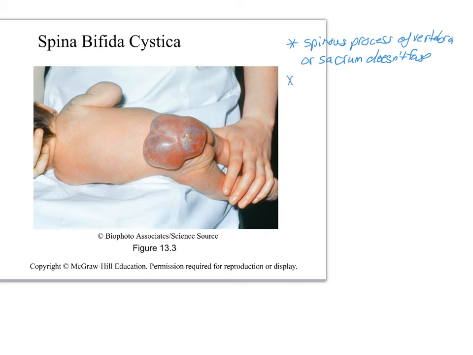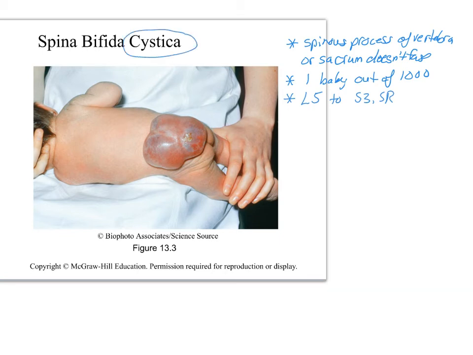It is actually pretty common, and again, to various degrees of severity. One baby out of every 1,000 or so, okay? Most common locations are usually around L5 to, I don't know, the S3, S4 area, okay, so somewhere in there.